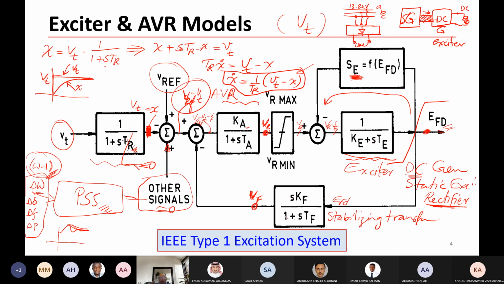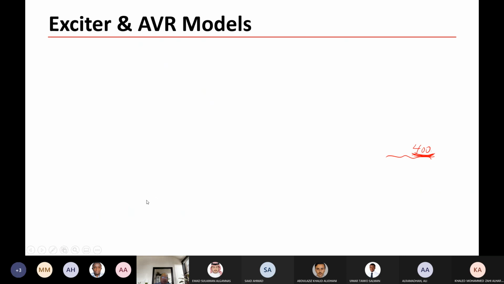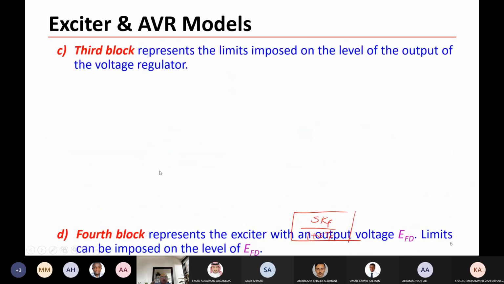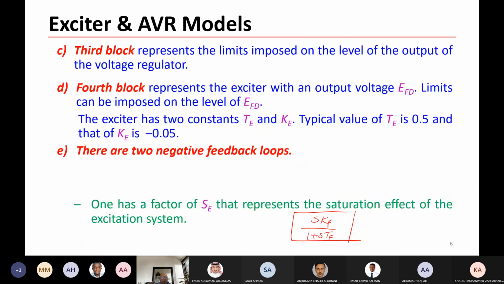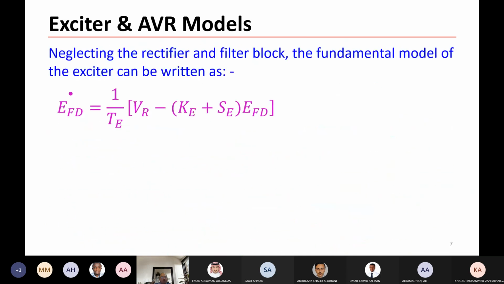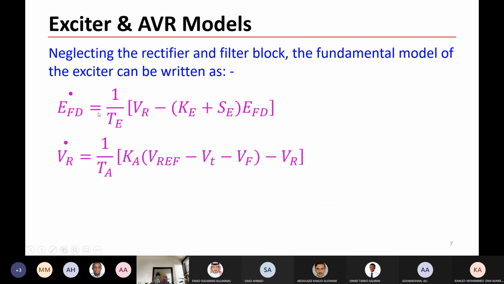Of course, when you have EFD dot here, you can replace it by the quantity given from this block. So in principle, you can write the state equations of the excitation system. For this excitation system, you have 3 differential equations: EFD dot, VR dot, and VF dot.